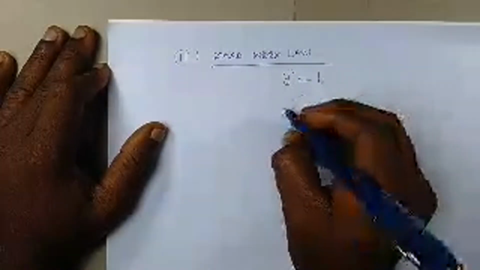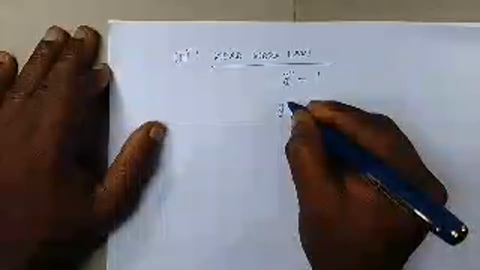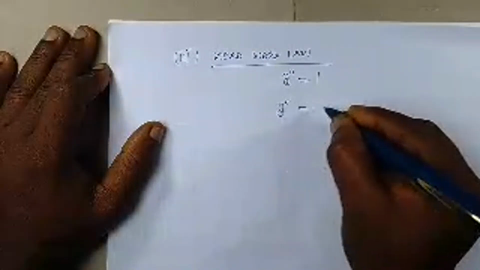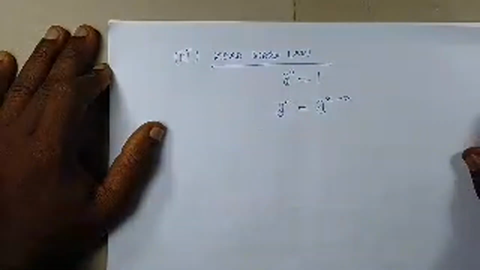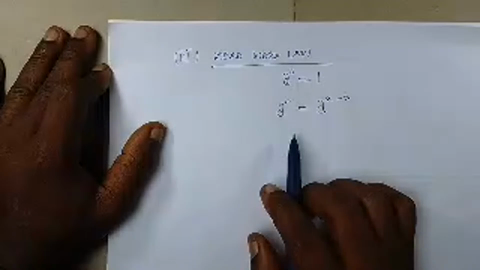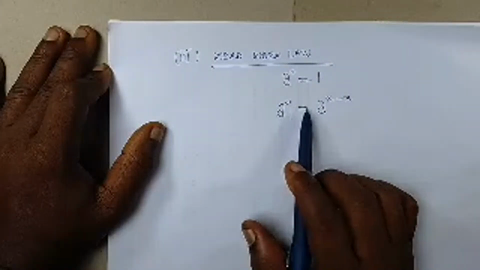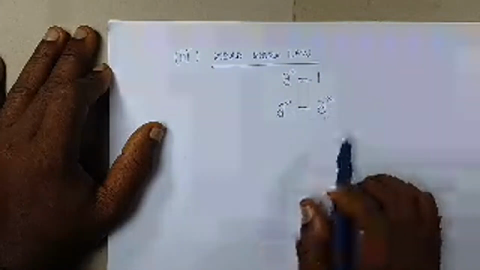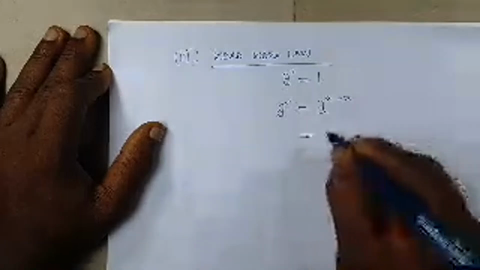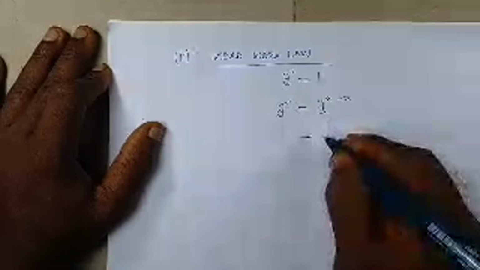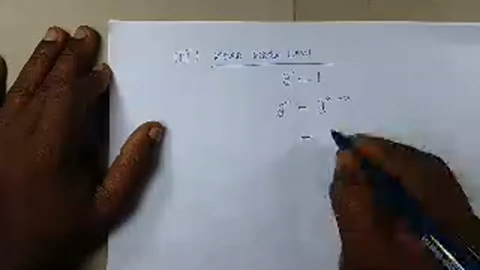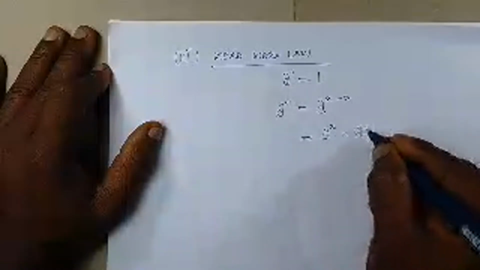For you to prove that this law is true, you start with saying that a raised to power 0 is the same as writing a raised to power x minus x. Anything minus itself will give you 0. So I will start with proving this law by saying a raised to power 0 is equal to a raised to power x minus x. Once that is done, I would now recall that by the law of subtraction we've just taken, this will be a raised to power x divided by a raised to power x.